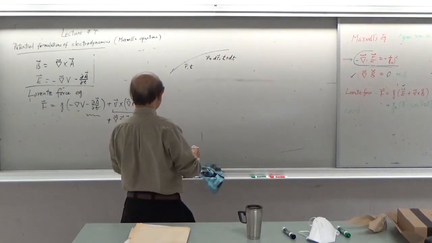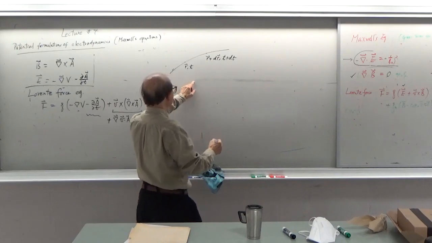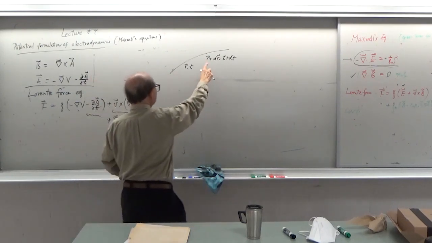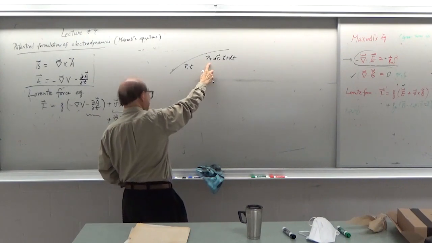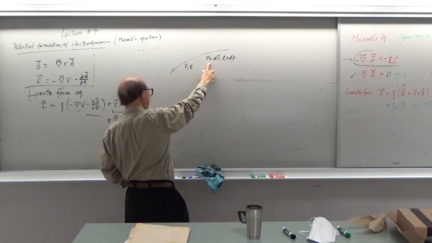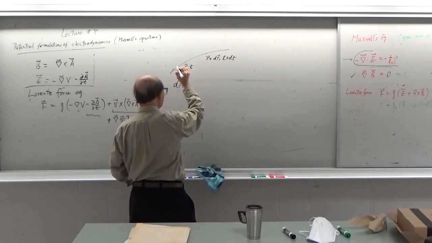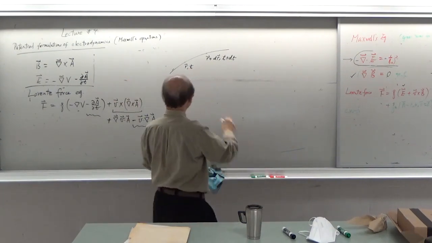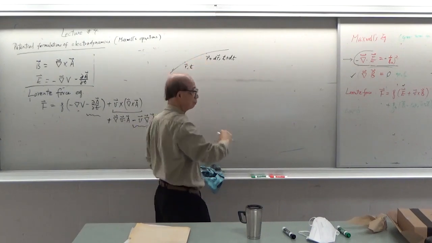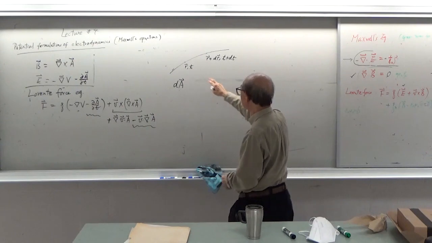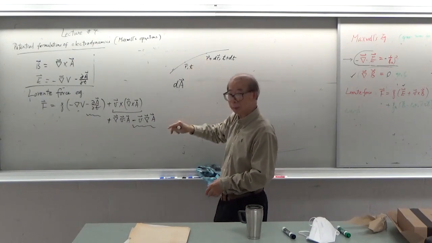We are interested in finding the difference of the potential A at this point relative to its value at this point. So we are interested in dA, the total change in A as you go from this point to that point along the trajectory of the particle. So this is a derivative taken at the location of the particle.